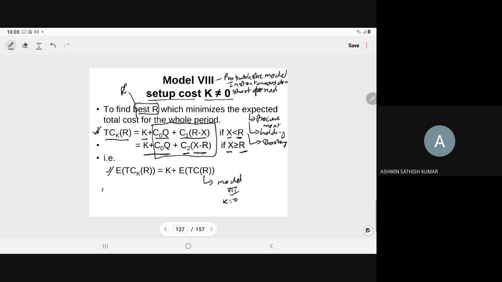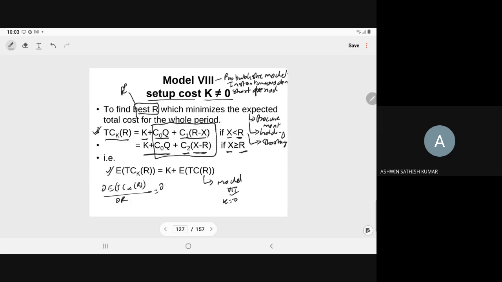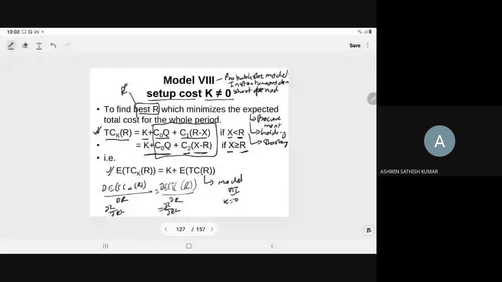If you compute the derivative of ETCK(R) with respect to R, it will equal the derivative of ETC(R) with respect to R. Similarly, the second derivative of ETCK(R) with respect to R squared equals the second derivative of ETC(R). And we already know ETC(R) is convex in nature, with minimum value at R star.